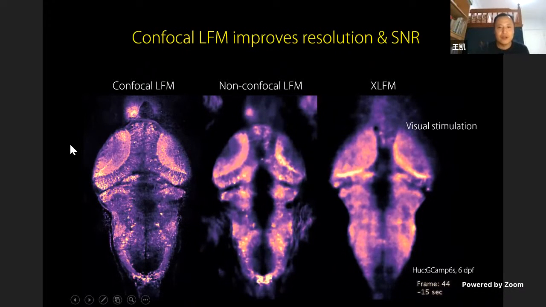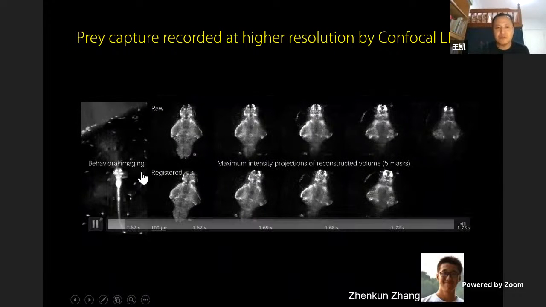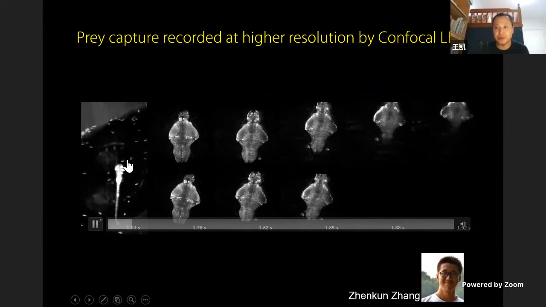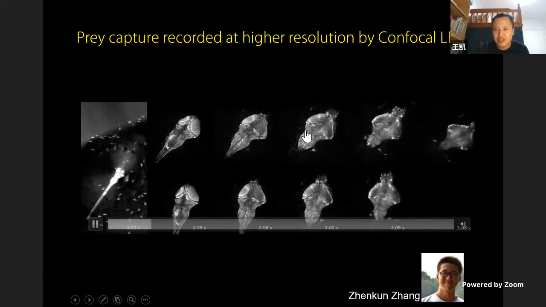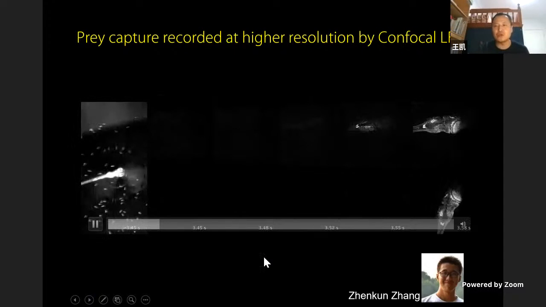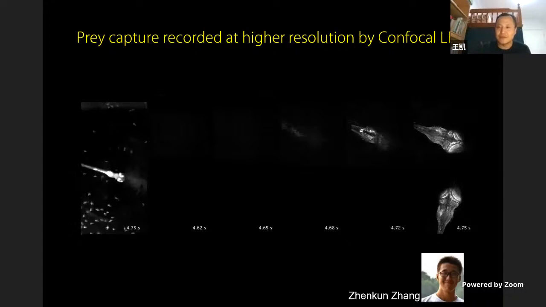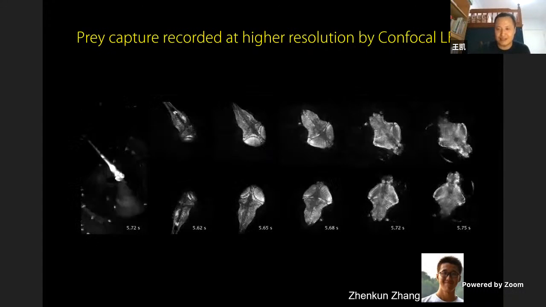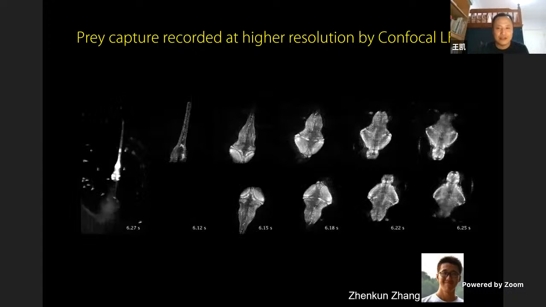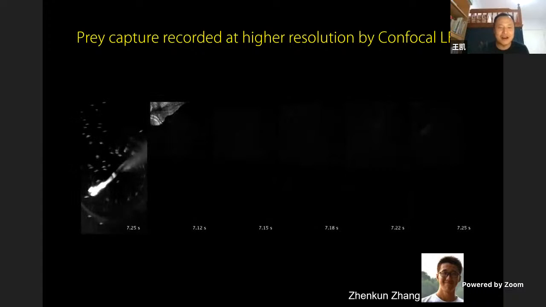Okay. So we also apply the technology to image the freely moving zebrafish during its prey-capture behavior. You see 5 different images corresponding to 5 different axial scanning positions, corresponding to 5 different glass plates. Okay, so it's a relatively long movie.